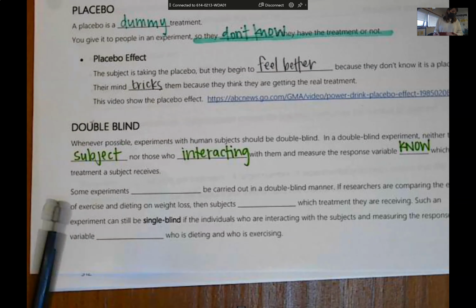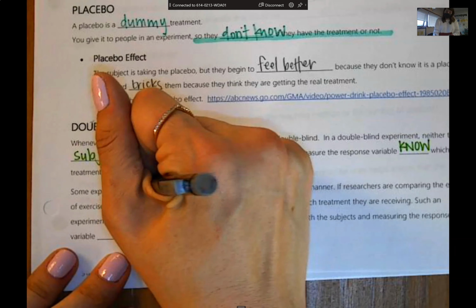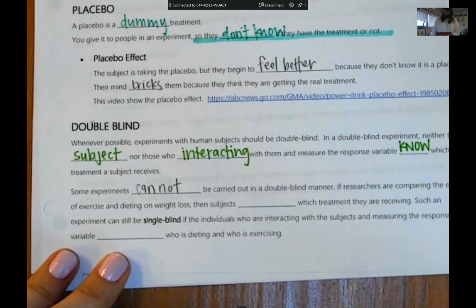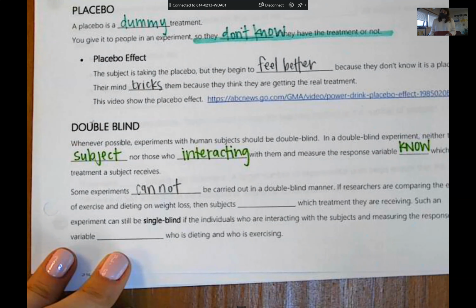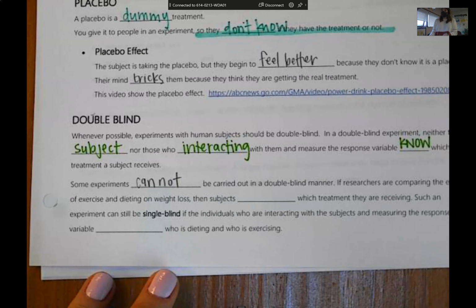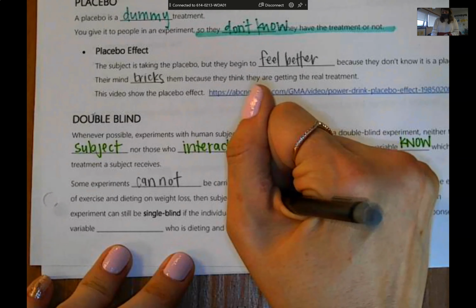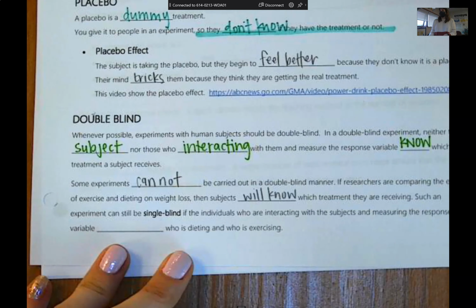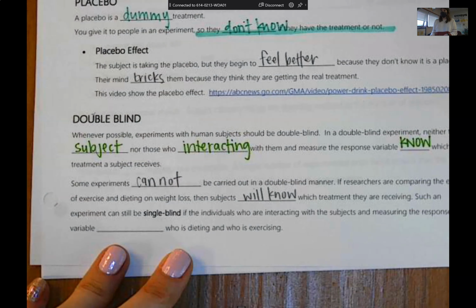Some experiments, though, cannot be carried out in a double-blind manner. If researchers are comparing the effects of exercise and dieting on weight loss, then subjects will know which treatment they are receiving.